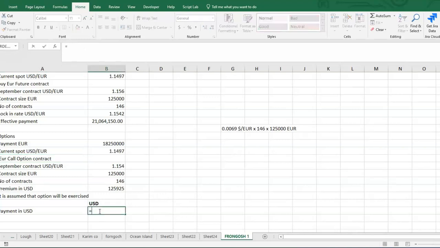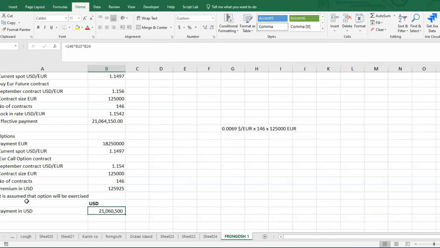How many dollars? 146 contracts into 125,000 is the contract size. If I multiply these two, answer will be in euros. I need answer in dollars. So multiply with the exercise price. So this is the payment in USD.